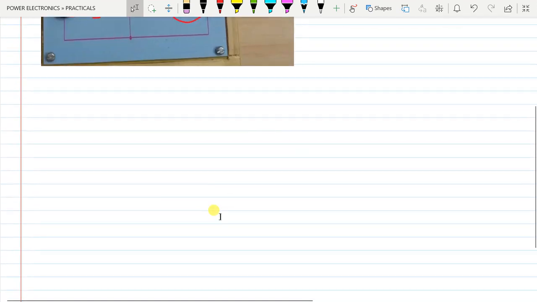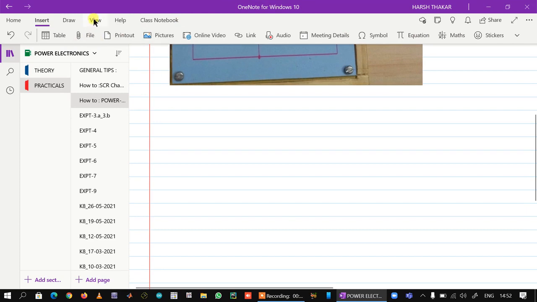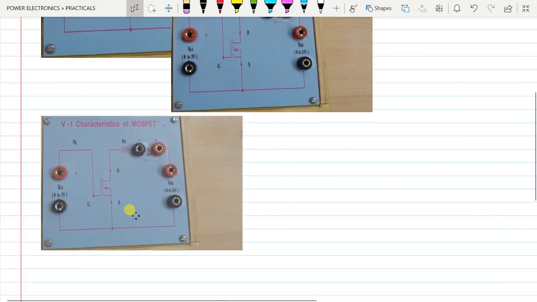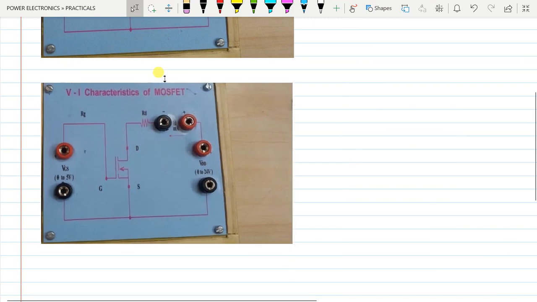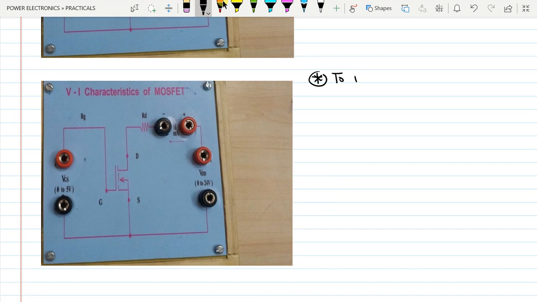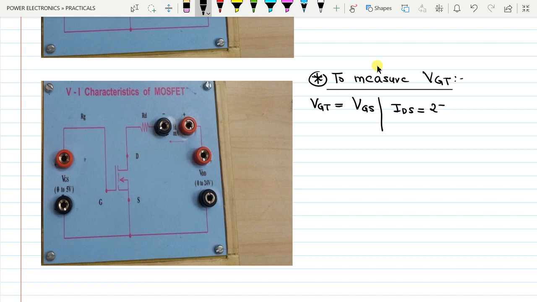Now we'll show the kit again, and we will also tell the conditions to be applied in this kit to measure VGT. Students, understand, VGT is that value of VGS for which the drain current is equal to 250 microamperes for VDD equal to 10 volts, right?